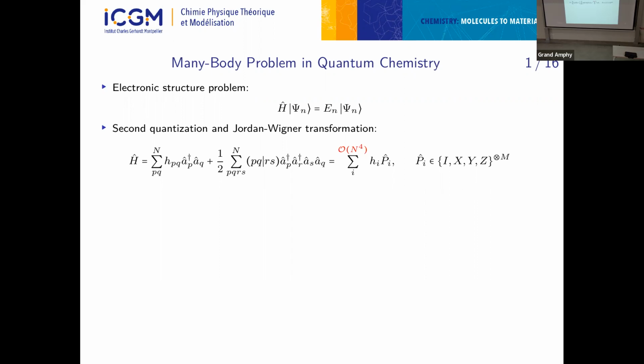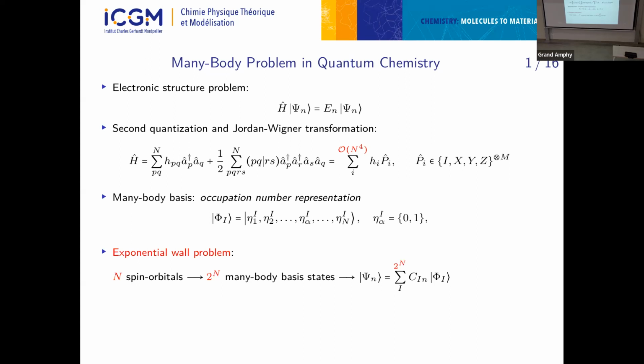This second quantized Hamiltonian will be transformed into what we call the qubit Hamiltonian, using the Jordan-Wigner transformation. And the main limiting step in quantum algorithms will actually be this scaling. It's the number of terms in the Hamiltonian that you have to measure independently. But I will come back to that with more precision later on.